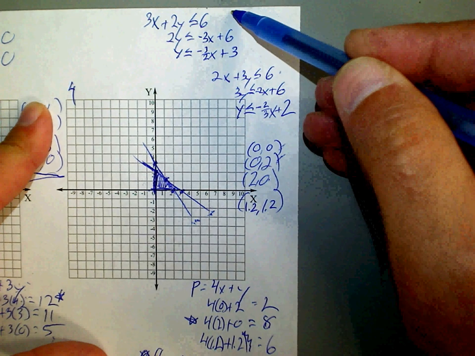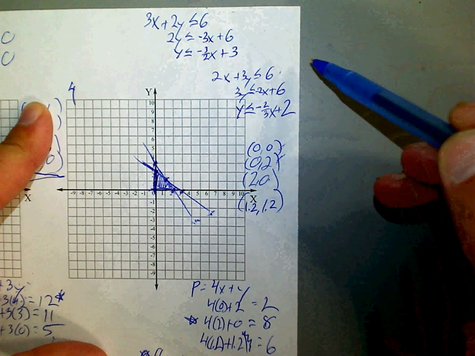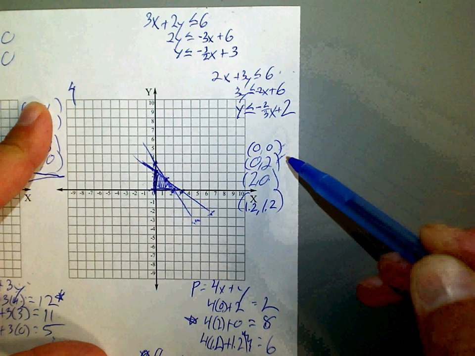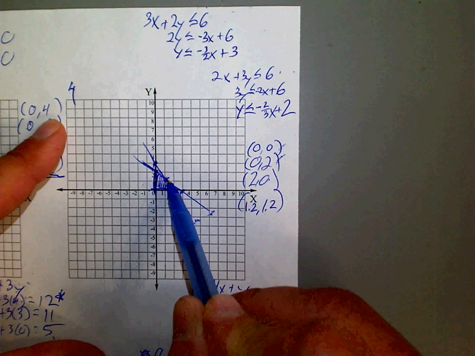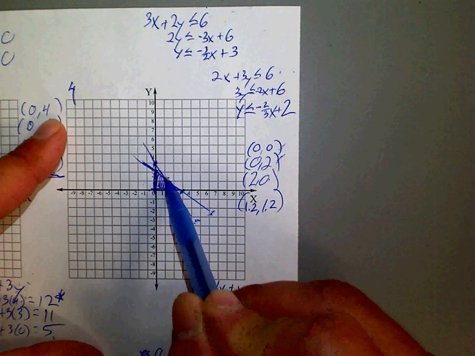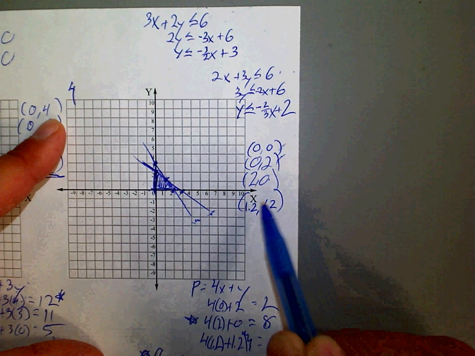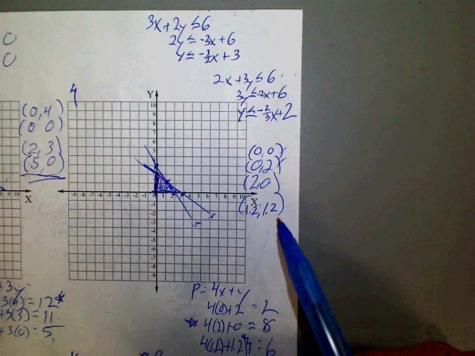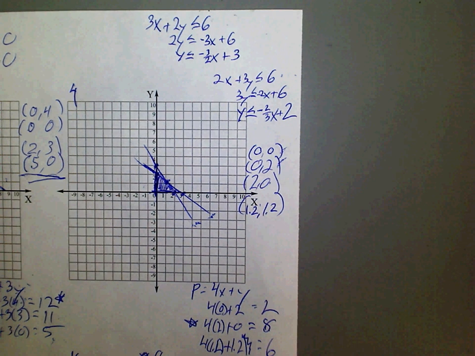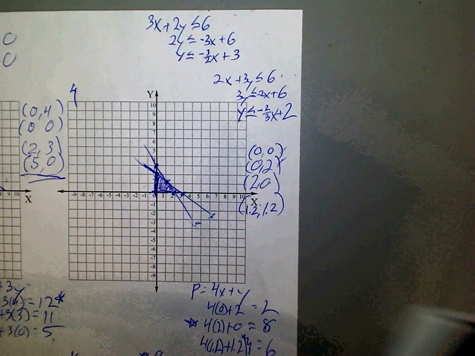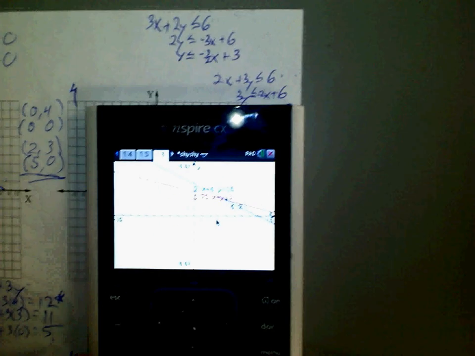We graphed this standard form equation, and we also graphed the fact that y was greater than 0 and x was greater than 0. Well, how did we find that intersection, 1.2, 1.2? Where do we graph it? On our calculator.